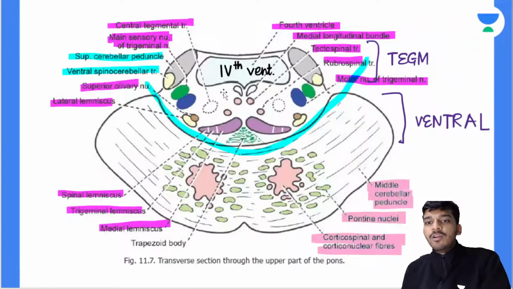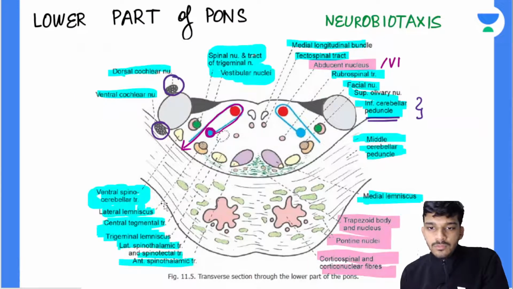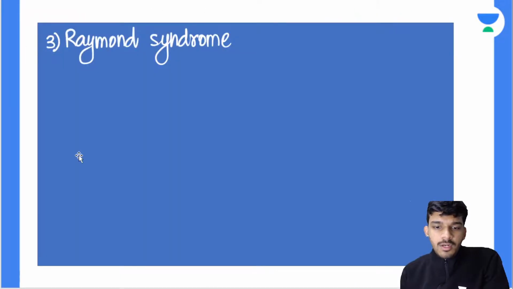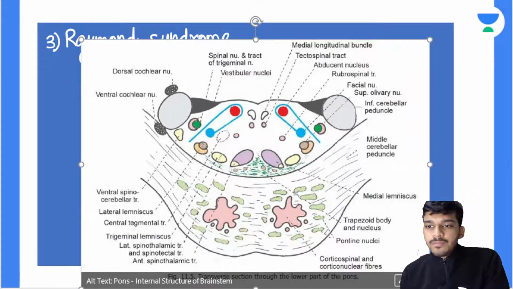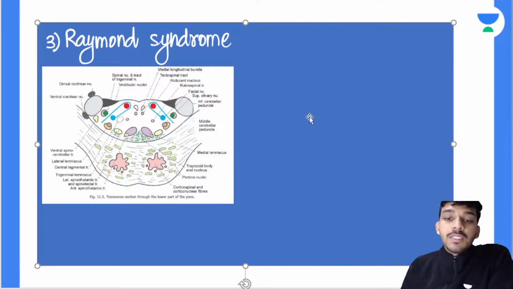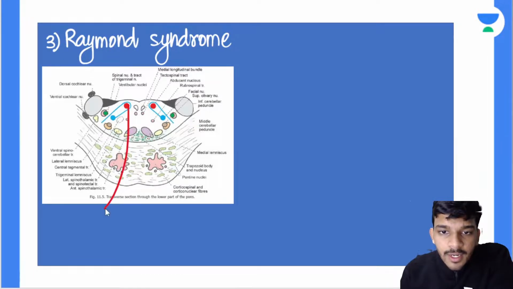So let's have a look at this section, lower part of the pons. In Raymond syndrome, what happens is, you all know this is the abducens nerve coming out like this.